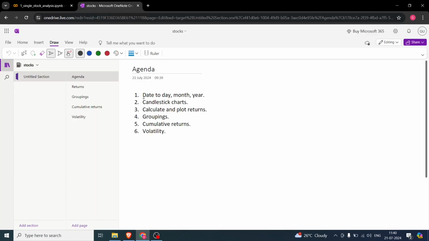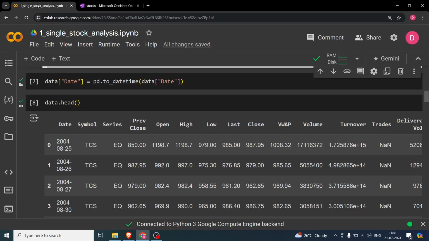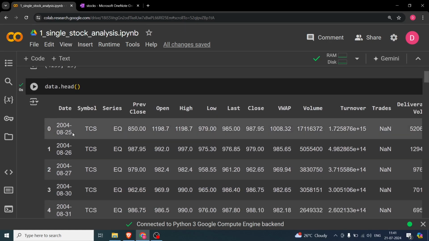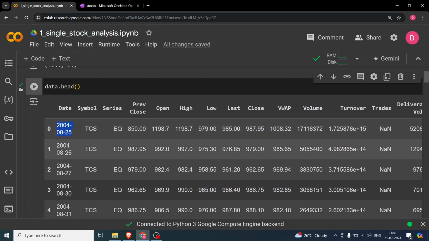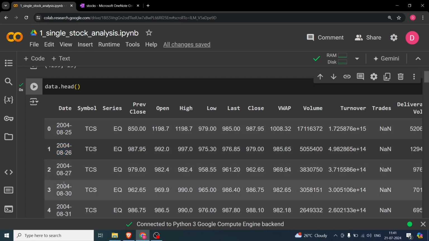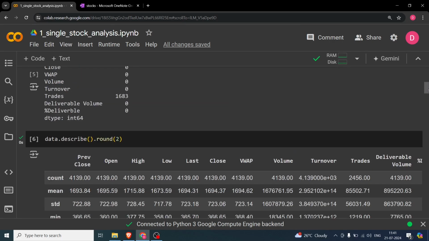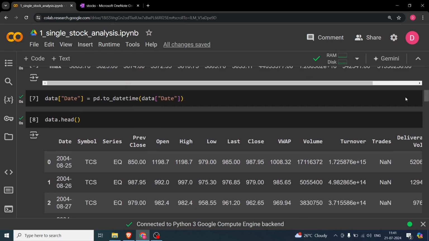Now this is the first step. As I said, the first step is going to be converting the date column, this column over here. You can see the date is 25th of August 2004, 26th of August 2004 and so on. This is just in text format, and we want to convert it into a datetime format. We will do that using the pd.to_datetime function.